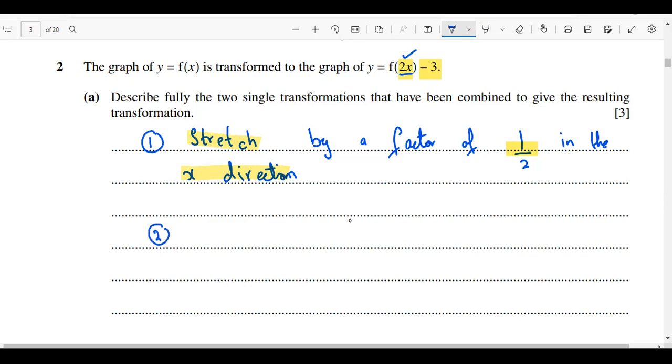The next transformation is basically what? It is because of this minus 3. I've told you earlier as well, whenever you are adding or subtracting something from the function or x, that would be a translation by a translation vector.